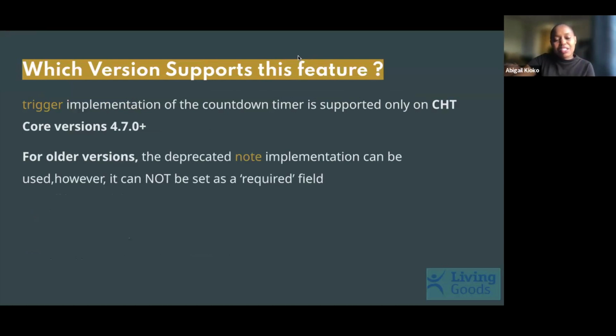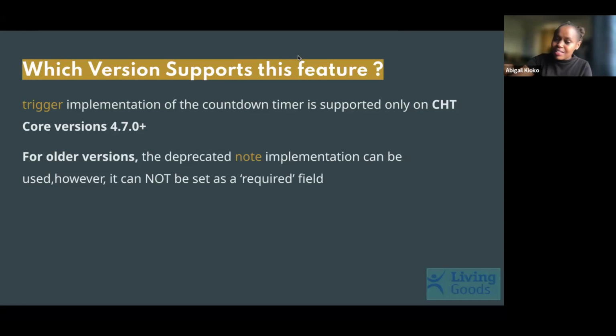The trigger implementation is currently supported on CHT core version 4.7 onwards, all right? So for the previous versions of CHT core, the note implementation has been deprecated, but that doesn't mean it can't be used. You still use countdown timer on the older versions of CHT.